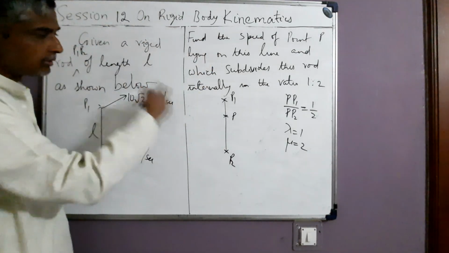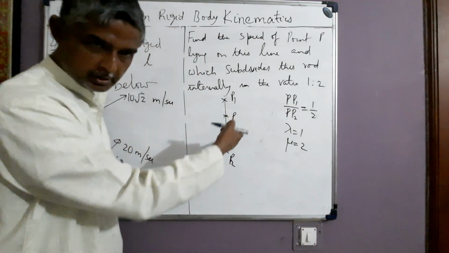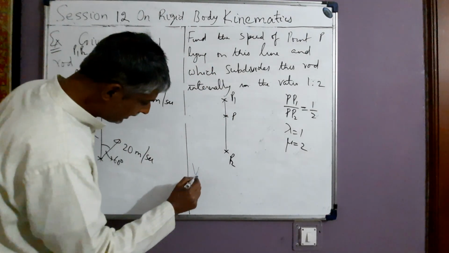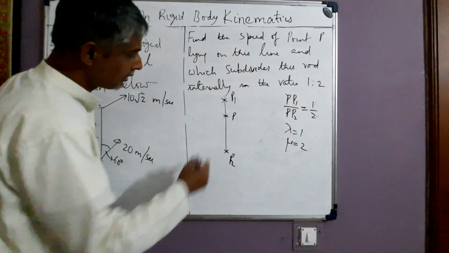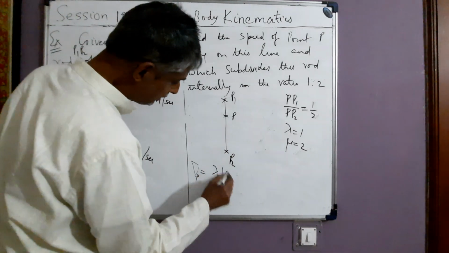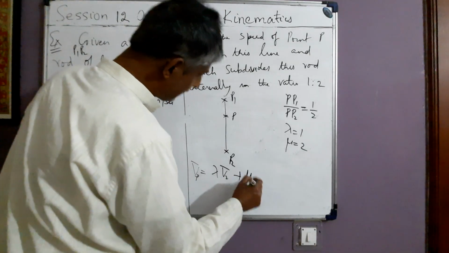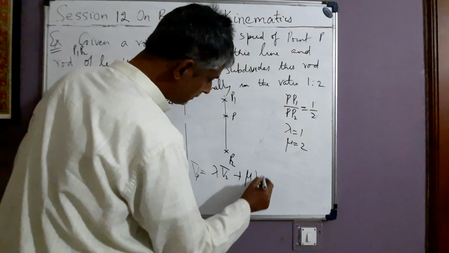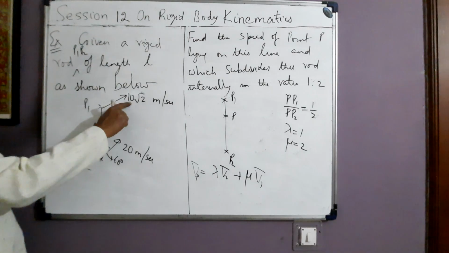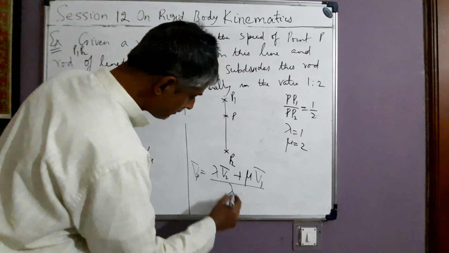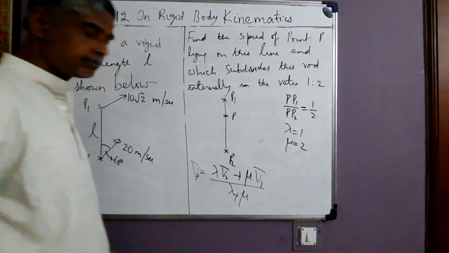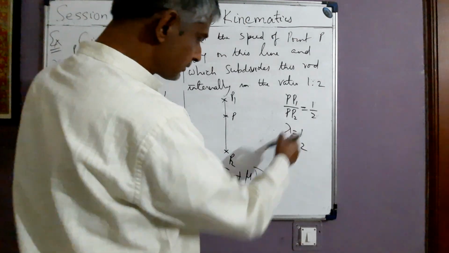So using that section formula which we discussed just now, this theory is applicable here. So we write Vp is equal to lambda times V2, V2 is the velocity of P2, plus mu times V1, magnitude of V1 is 10 root 2, by lambda plus mu. Lambda is 1, mu is 2.